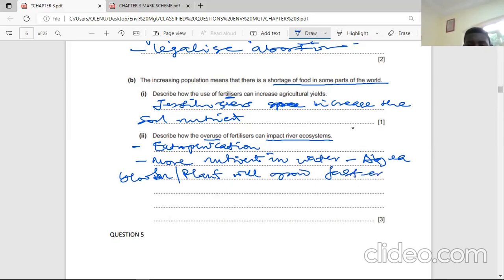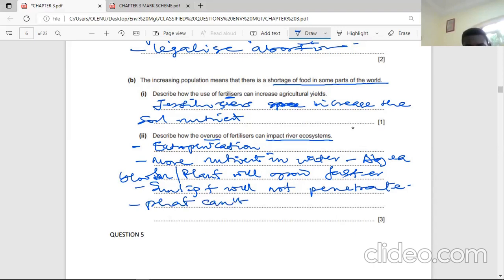And the impact of this is that sunlight will not be able to penetrate. If sunlight can't penetrate, plants cannot photosynthesize. And if they can't photosynthesize, they can't make their own food. So the plants will die.